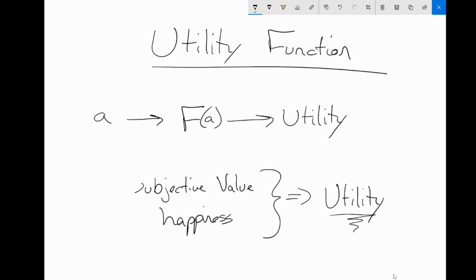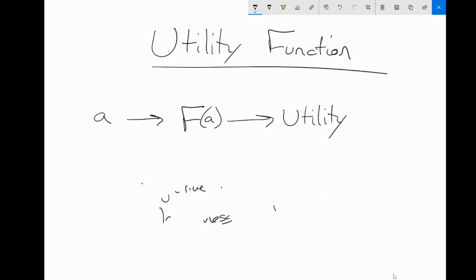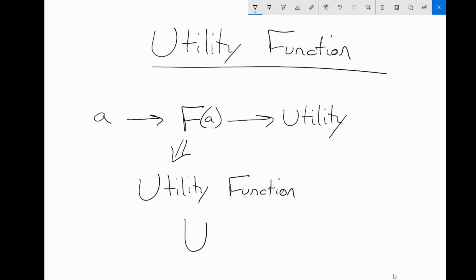Such a function is going to be a utility function. We're going to represent it like this. A utility function takes goods or actions as inputs and gives you utility. That means how much subjective value someone gets from the good.